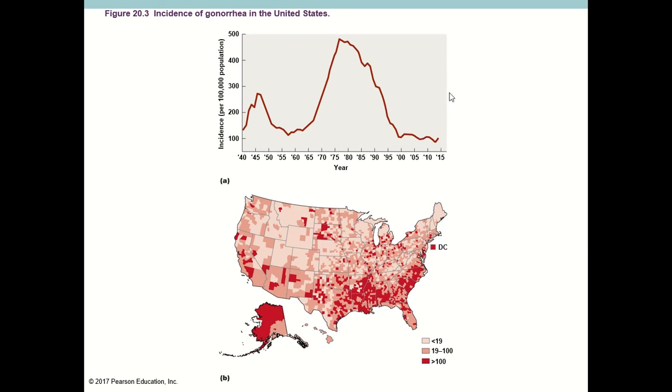Could it have to do with the availability of antibiotics, right, and treatments for this disease? Well, probably, right? So again, it is a disease that occurs only in humans, and it is sexually transmitted.